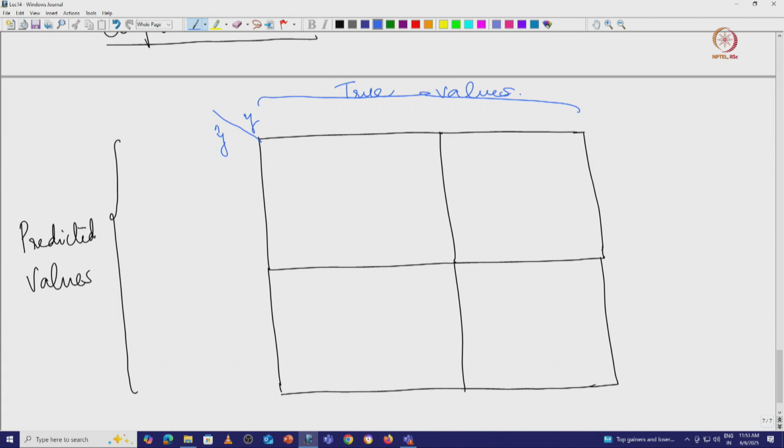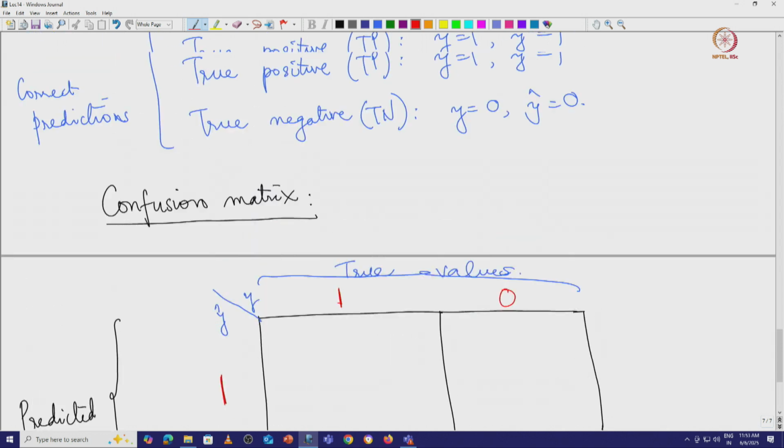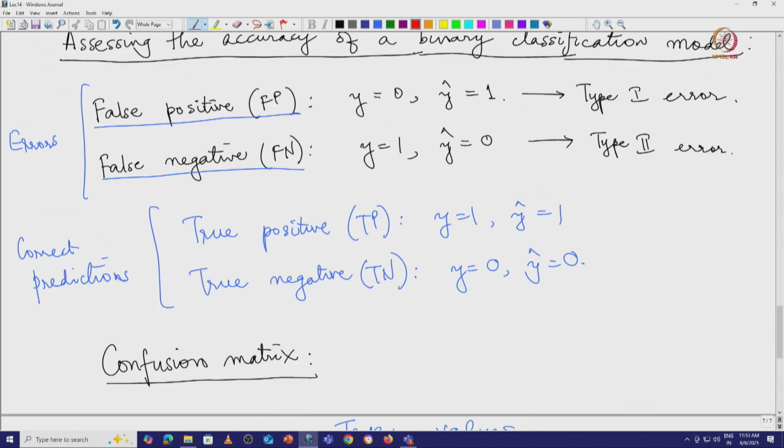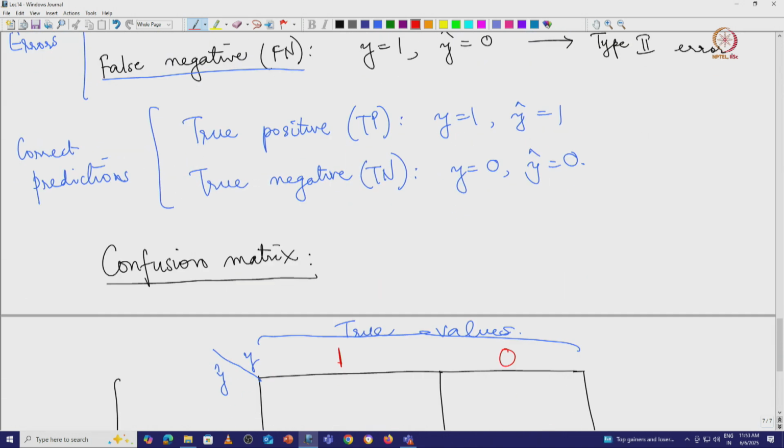Now what are the possible cases? Your y hat can be 1 and your y can be 1, your y hat can be 1 and y can be 0, or your y hat can be 0 and then again y can be 1 or 0. So we can now fill these 4 scenarios here: true positive, true negative, false positive and false negative.